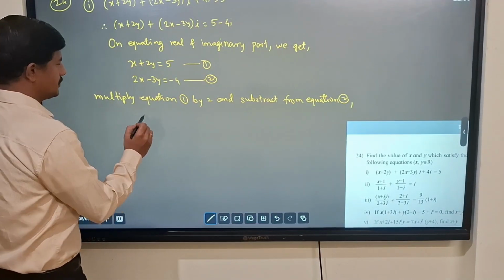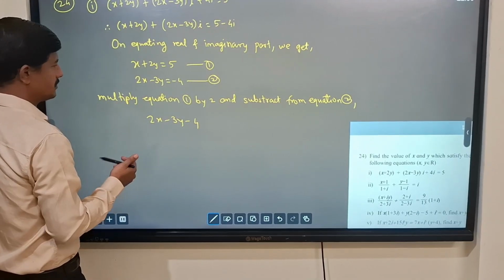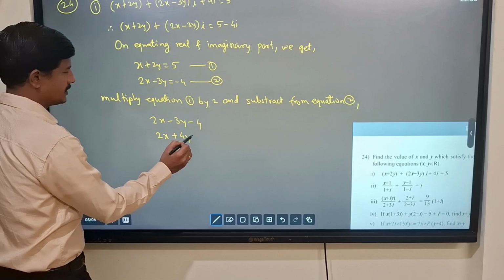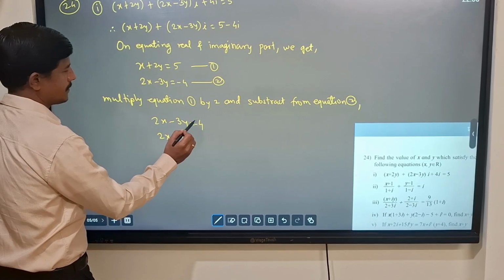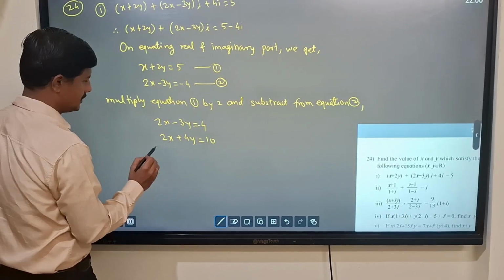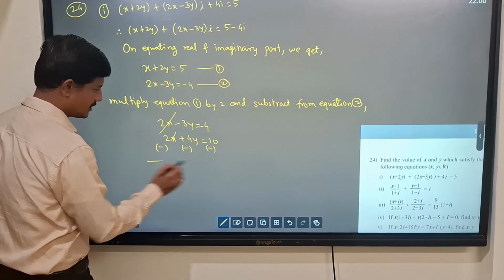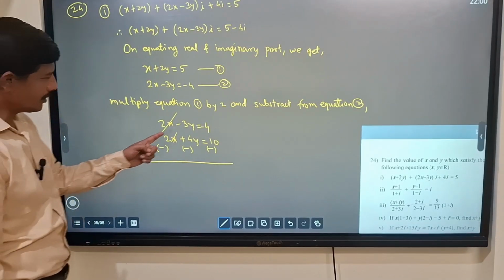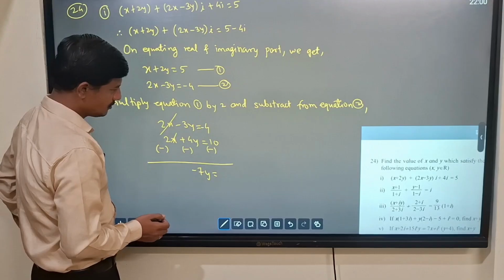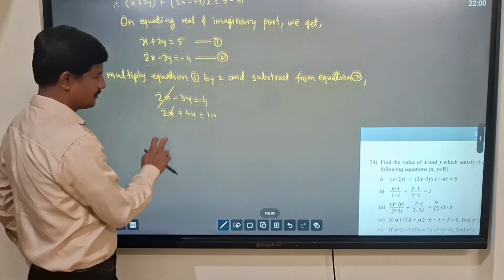Okay, so equation 2 is 2x minus 3y equal to minus 4. After multiplying, equation 1 by 2 becomes 2x plus 4y equal to 10. After subtraction, sign changes. This plus 2x minus 2x get cancelled. Minus 3 minus 4 becomes minus 7y equal to minus 4 minus 10, which becomes minus 14.